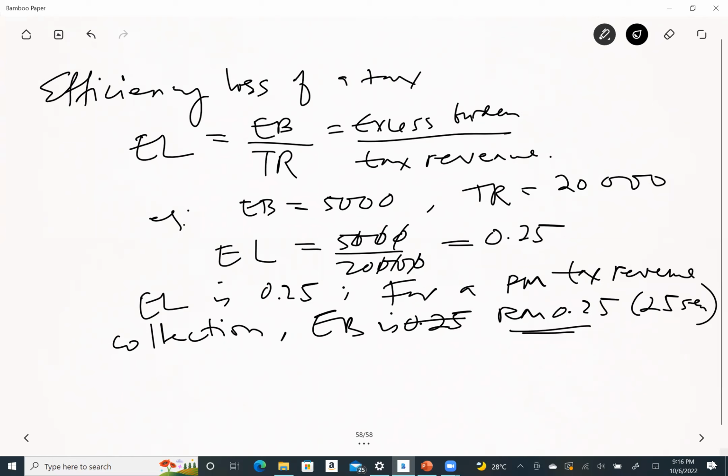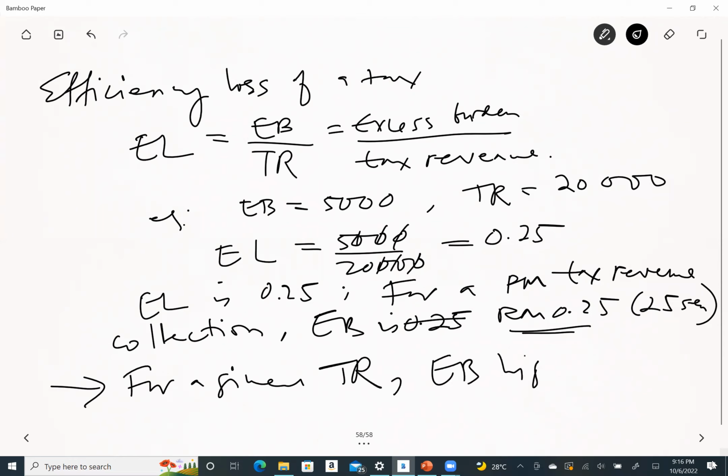So what we can say here is, for a given tax revenue, the higher the excess burden, then what happened to the efficiency loss? Efficiency loss, will it be higher or smaller? Higher.